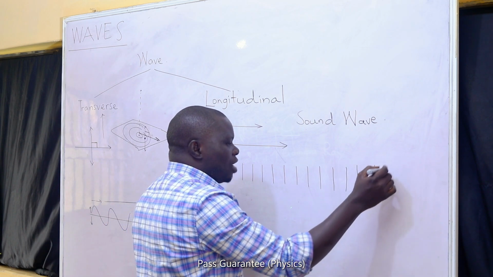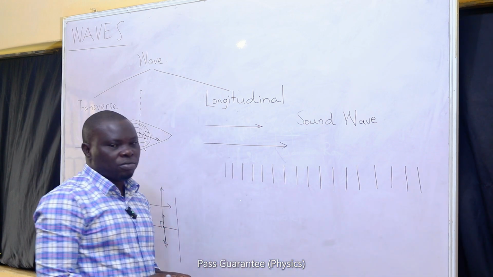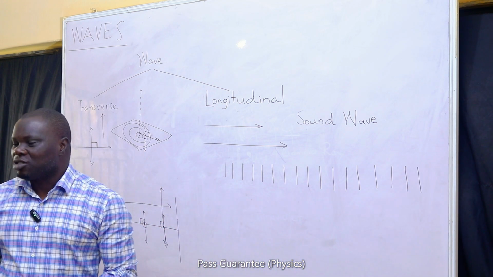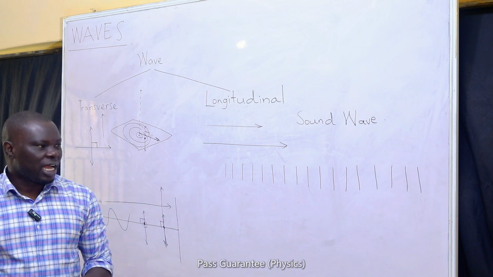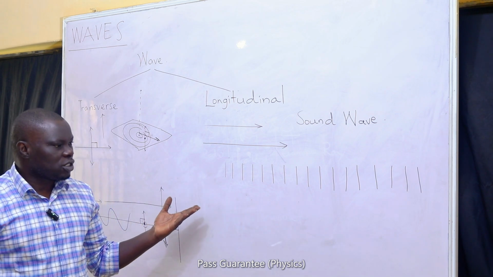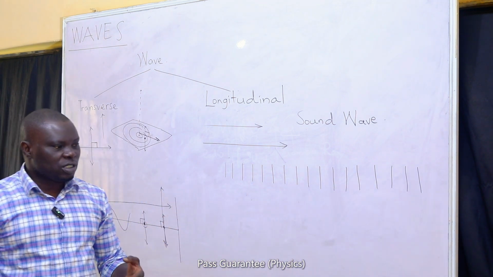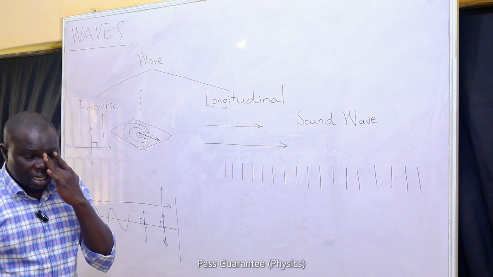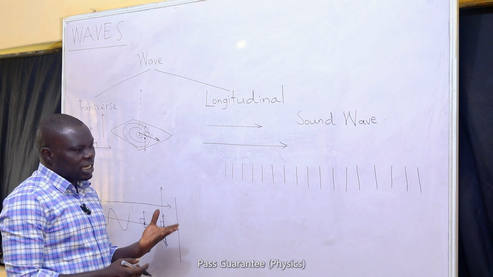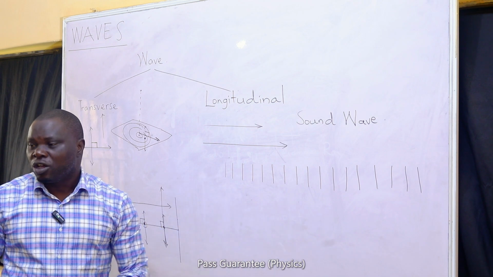This is not how air particles are in reality, because we understand from the behavior of gases that gas molecules move haphazardly. They move randomly in no direction. So it is almost not possible to have a system where those air particles, which is also a gas, can be neatly arranged. But theoretically, let us say that it is possible for us to get them neatly arranged for the purpose of the generation or propagation of a wave through them.